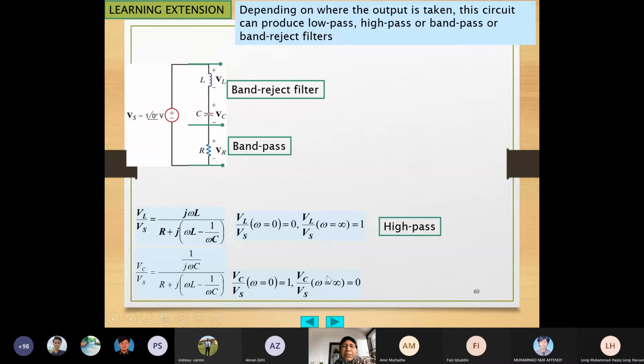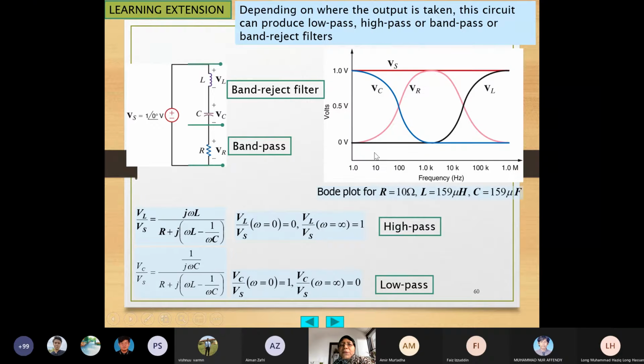But when very high frequency, omega equals infinity, the signal becomes 0. VC is equal to 0. Therefore, the output VC over Vs is 0. But this one is opposite to the inductor output. So this one is actually behavior of a low pass because you consider the frequency less than the certain cutoff value.